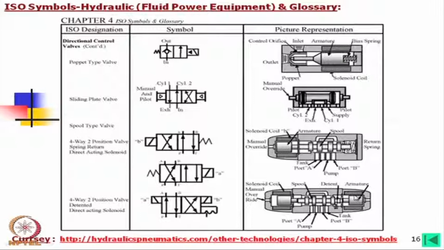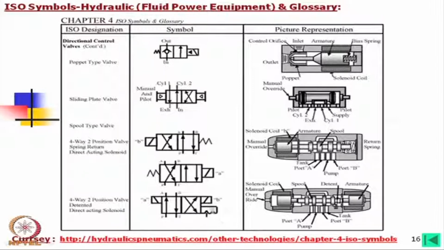the armature, you can say, that is the electric drive, and then this is two position detented, direct acting solenoids. That means we can use this solenoid, but we can also detent particular positions.